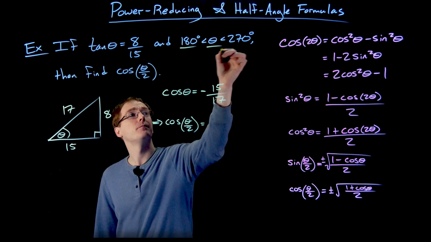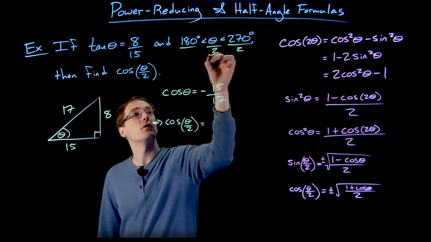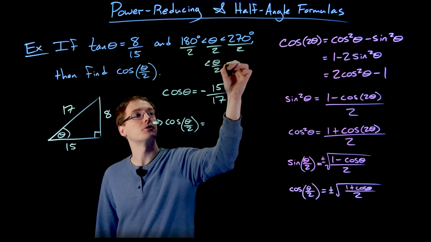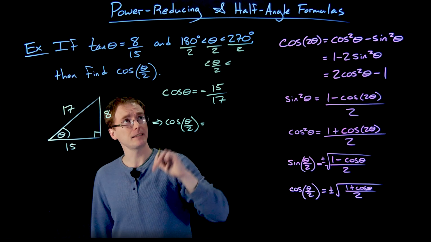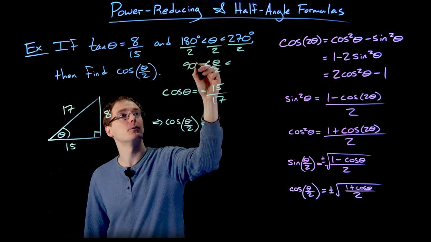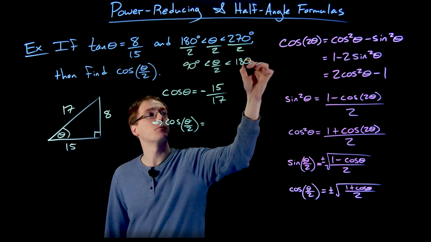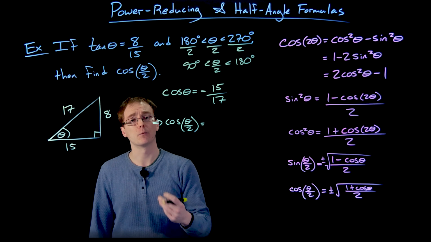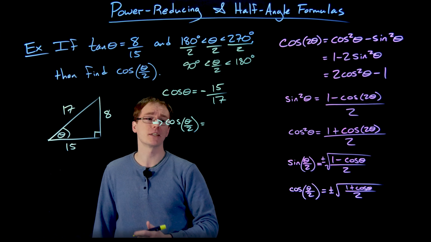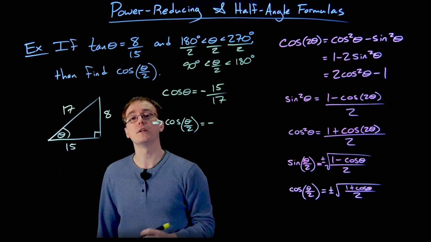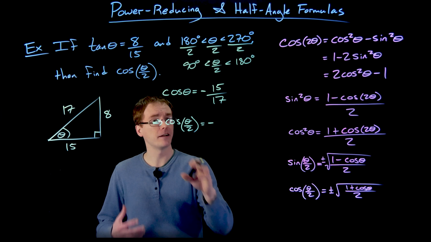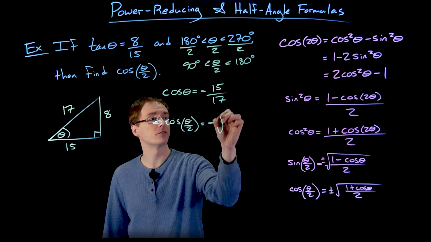So if we divide all three sides of our inequality by 2, it tells us something about our new angle of interest, theta over 2. It says theta over 2 is going to have to be between 90 degrees and 180 degrees, or in other words, in the second quadrant. And what do we know about our cosine function in the second quadrant? We know it is negative. So that's how we determine that our cosine of theta over 2 has to be the negative square root.